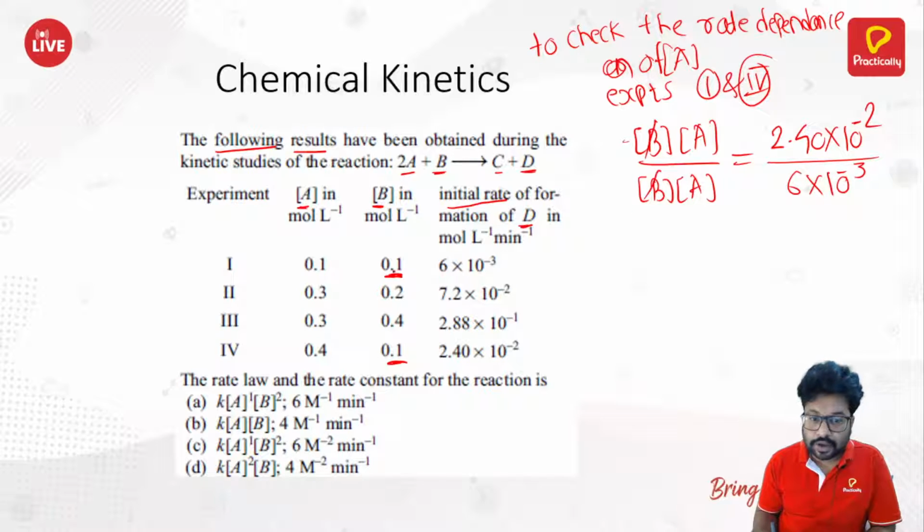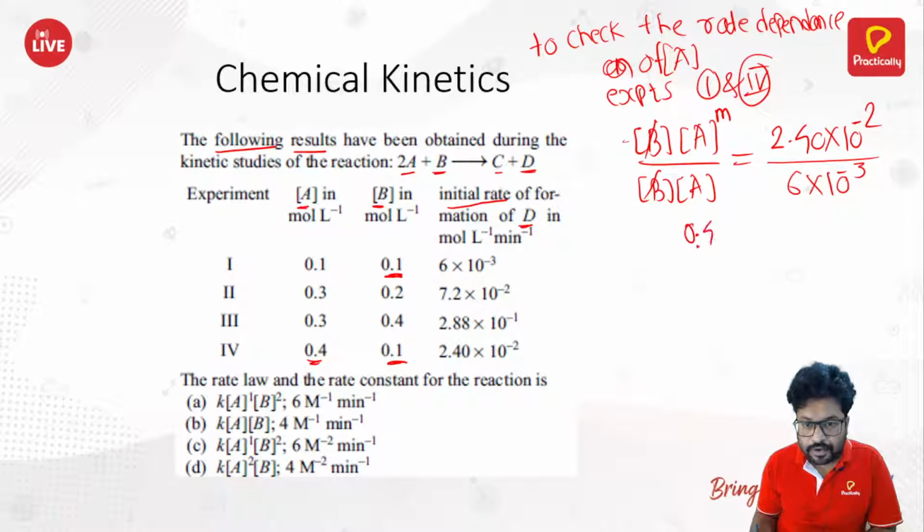B gets cancelled because the value is the same, right? Now we don't know what the order for A is, so let's take the value as M, because we don't know what it is. What is the value of A? For this experiment, it's 0.4. For this it is 0.1, right?